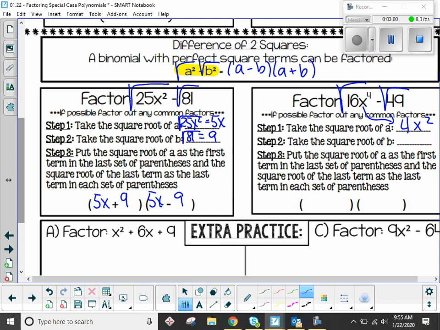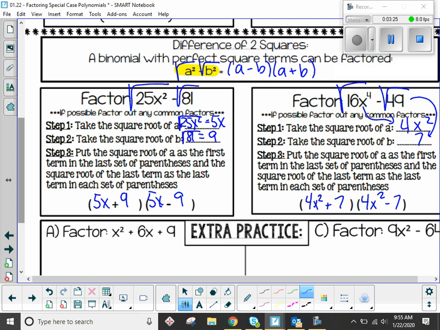No, there's no catch. What's the square root of 49? 7. And we're going to put them in the parentheses, a plus version and a minus version. But which one am I writing first? The 4x squared or the 7? 4x squared. So it's 4x squared plus 7, 4x squared minus 7.